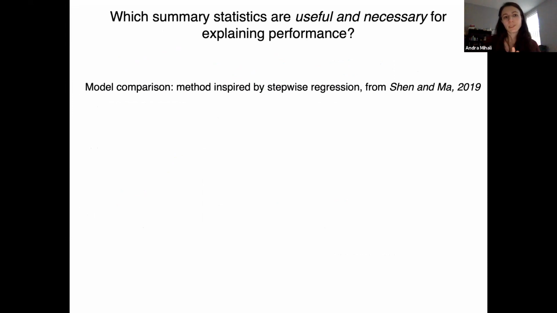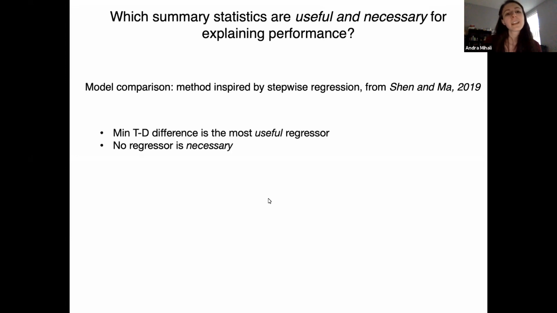For that, we're going to use a model comparison method inspired by stepwise regression from Shen and Ma in 2019. We had logistic regressions and we added and removed regressors in order to get at which ones are useful and necessary. We found that the minimum target-to-distractor difference is the most useful regressor. This is not surprising; we did see that in the previous plots.